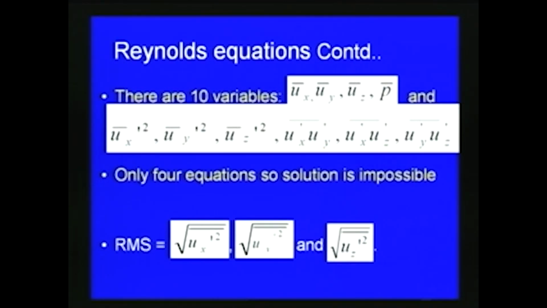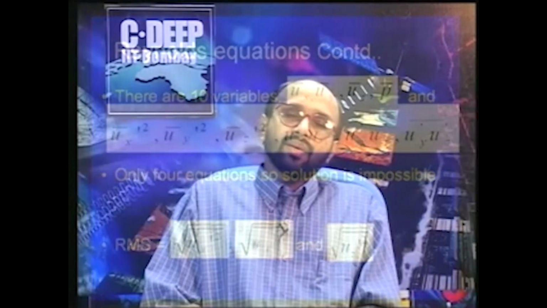Now the challenge is that we have 3 equations of turbulence. When we consider 3 dimensional flow, in x, y, z directions, we have 3 equations of motion, and then we have 1 continuity equation. So, we have 4 equations, but even if we consider the Navier-Stokes form of the turbulent equation of motion, you can see there are 10 variables.